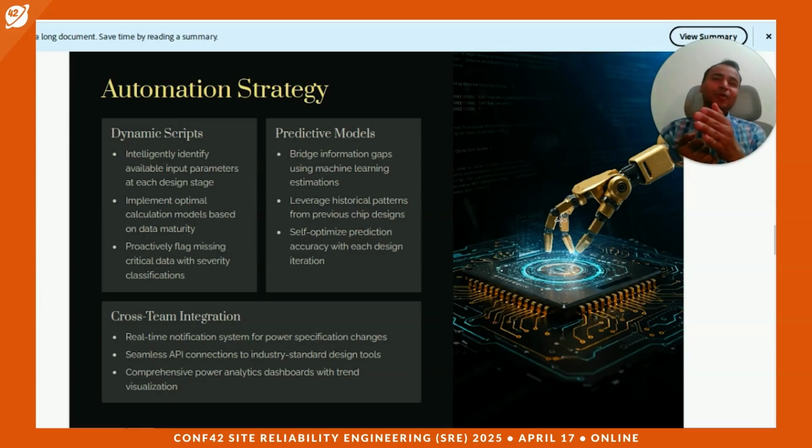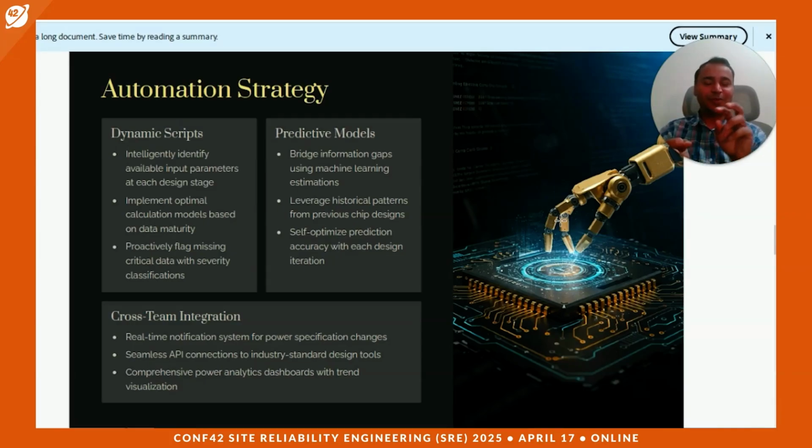Based on whatever the data maturity is, we can refine our models. And proactively, we can flag that the FSDB is missing, this library is missing, or the toggle rate looks really low.